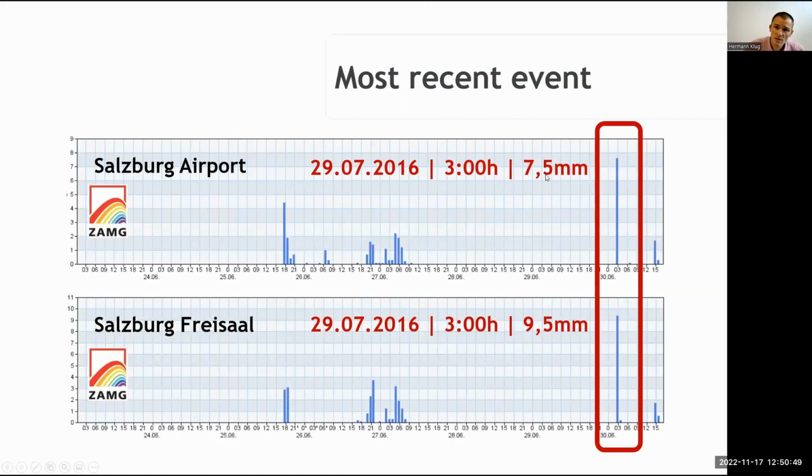So then we recorded information from the event. We had our own measurements, which you can see here. Salzburg Airport is about 12 kilometers away. Salzburg Freisaal is about 10 kilometers away. Line of sight, they recorded 7.5 and 9.5 millimeters, but they are in a flat environment of 435 meters above sea level.